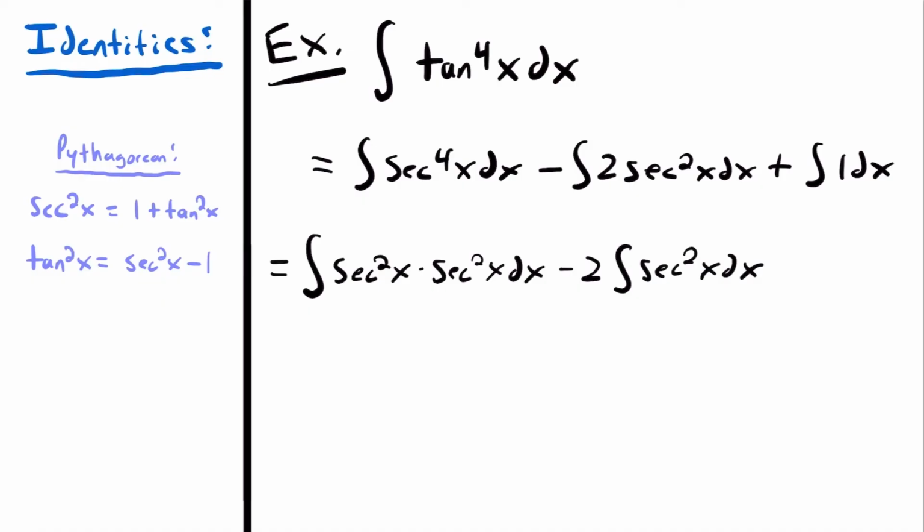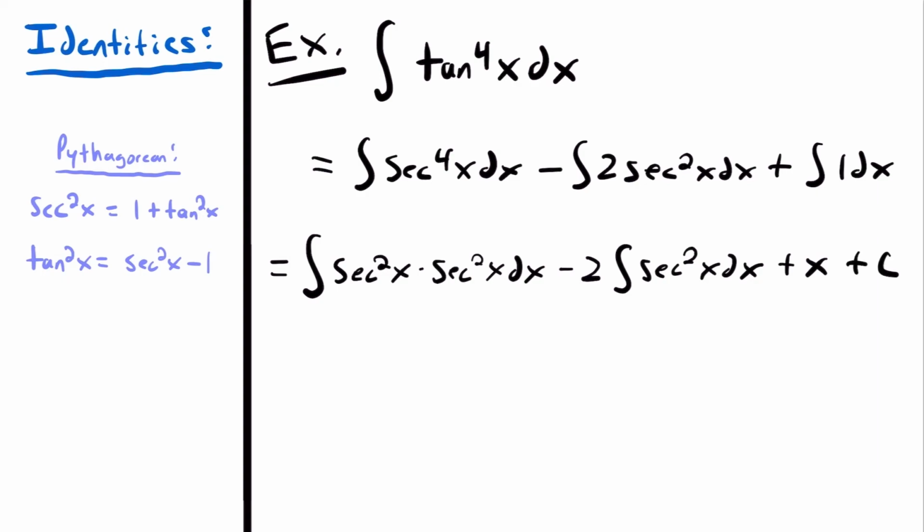It's just tangent, right? The derivative of tangent is secant squared x, and so the integral, which is the opposite of taking the derivative of secant squared x, will give us back tangent. And so we'll do that when we get back to that integral in our next line. But then for our last integral here, the integral of 1 dx is just going to be x. And so we'll add x, and then just so we don't forget it later, I'm going to add c.